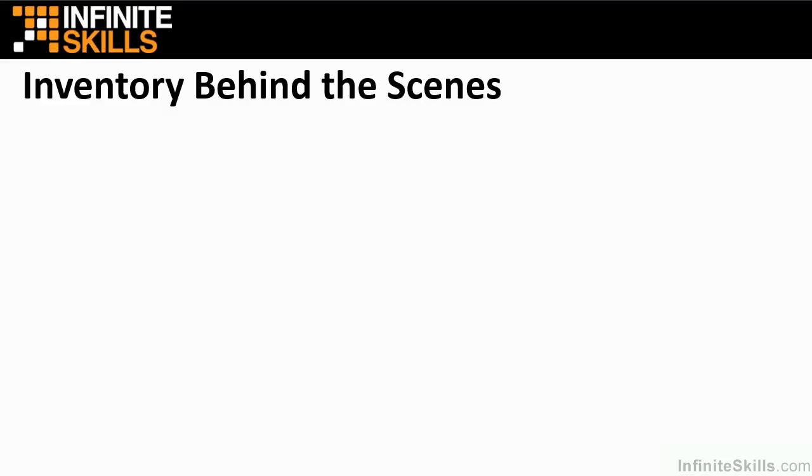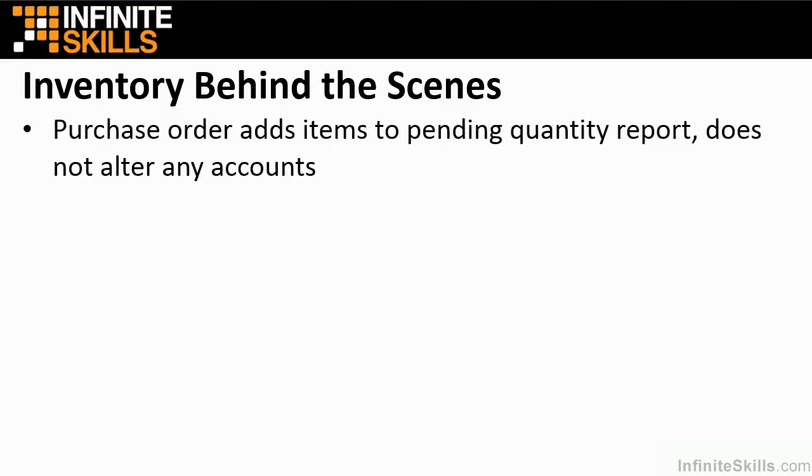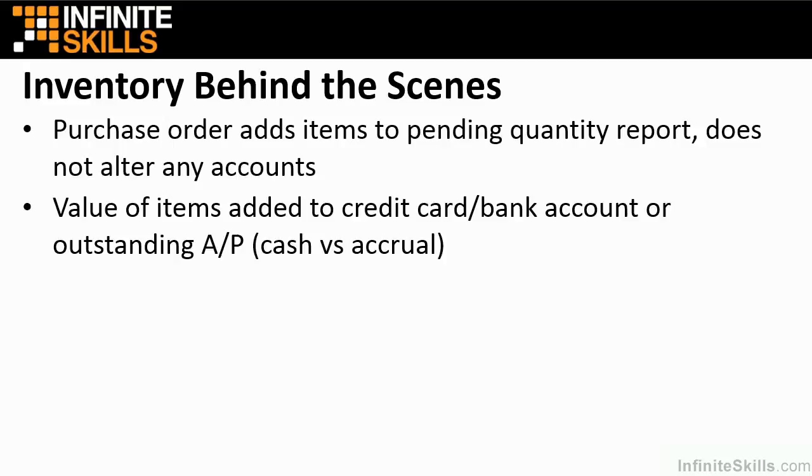But then again, this is QuickBooks, and so we need to understand what actually happens behind the scenes when we work with inventory. First of all, a purchase order adds items to pending quantity reports. It does not alter any accounts. Basically, nothing has happened yet. Eventually, we will receive the items, and the value of those items will be added to the credit card or the bank account, or we'll have an outstanding accounts payable item that needs to be paid.